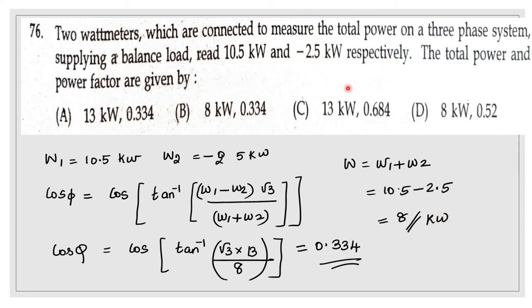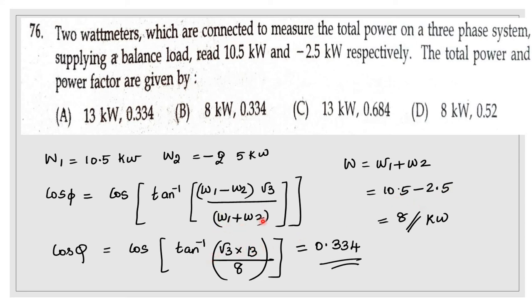And the total power is okay. Then power factor. How to find out power factor? Cos phi is equal to cos of tan inverse of (W1 minus W2) into root 3 divided by (W1 plus W2). What is W1 minus W2? 10.5 plus 2.5, so that is equal to 13.